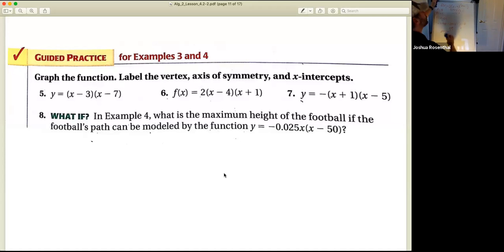Okay, start on the next one if you haven't already. Number 7. Okay, so y equals, a is -1, by the way. Okay, here we go. P is -1, Q is 5, and the vertex, so you can do these pretty quickly, is at x equals 2. That would make this negative.